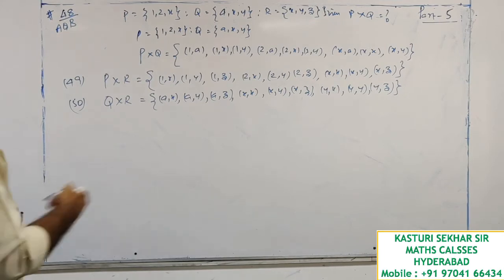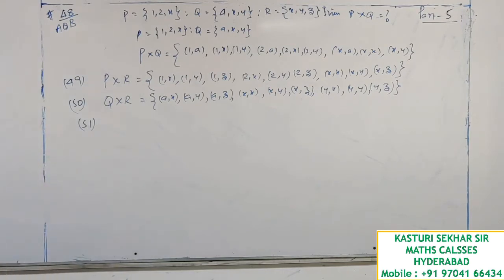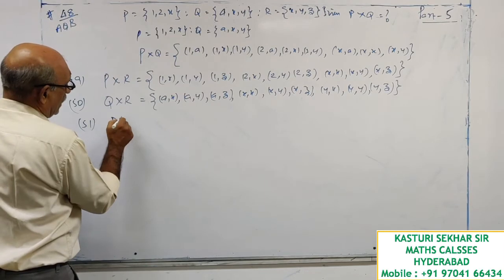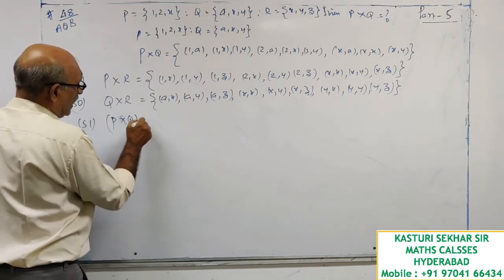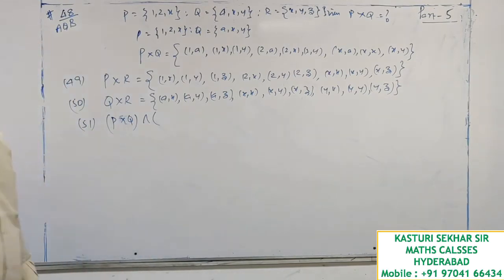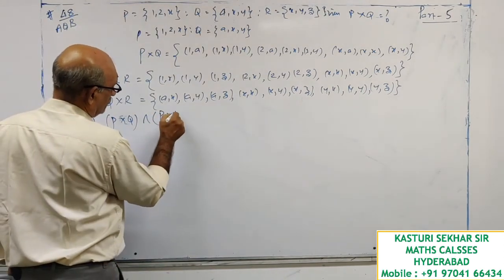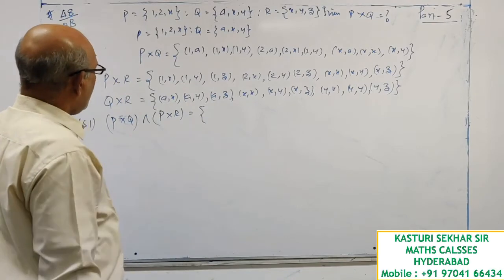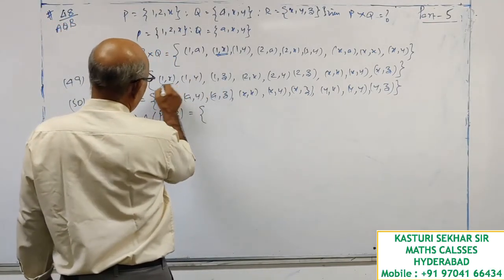Next, question number 51. P cross Q intersection P cross R. Now sir, let us compare the ordered pairs which are common. 1 comma x, 1 comma x.